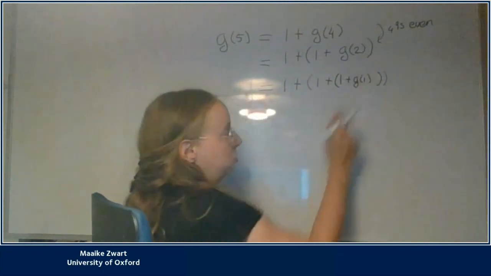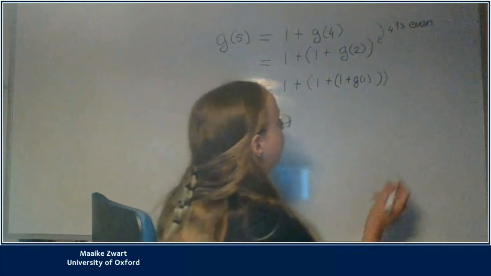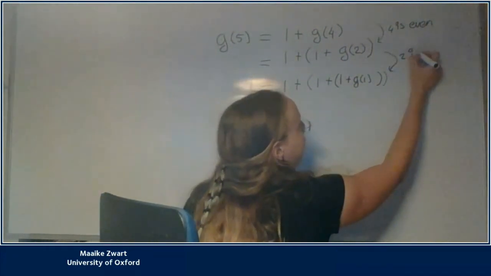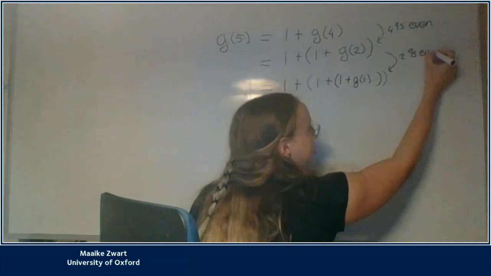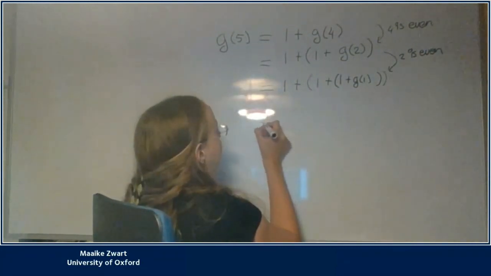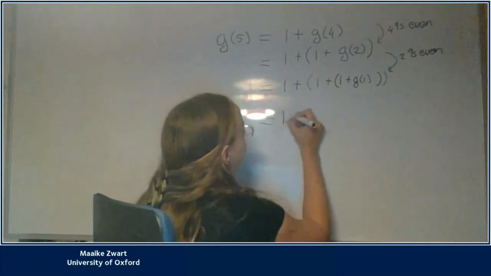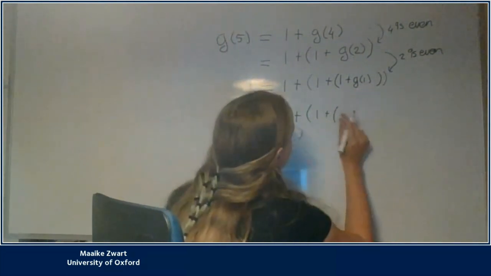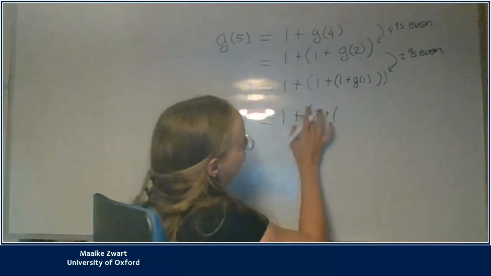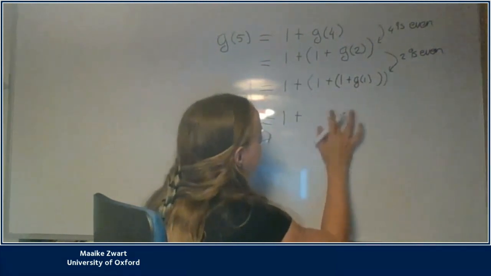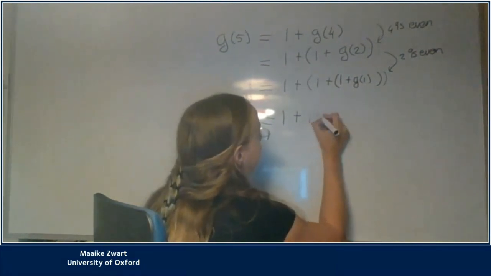So I again have to divide 2 by 2, then I get g1. That is because 2 is even. That's what the instructions tell me to do. And I'm just continuing. 1 plus 1 plus. Because it's only addition, I don't really need those brackets. Leave those out just to make it easier to read.